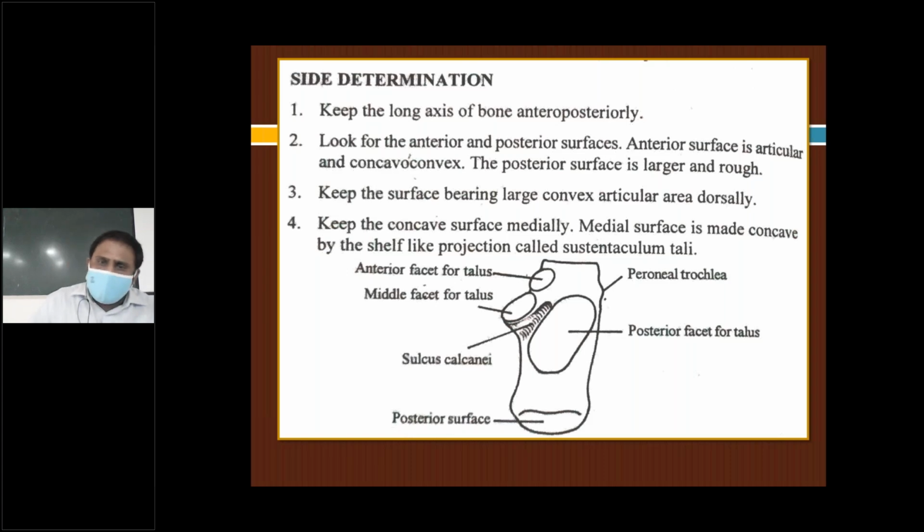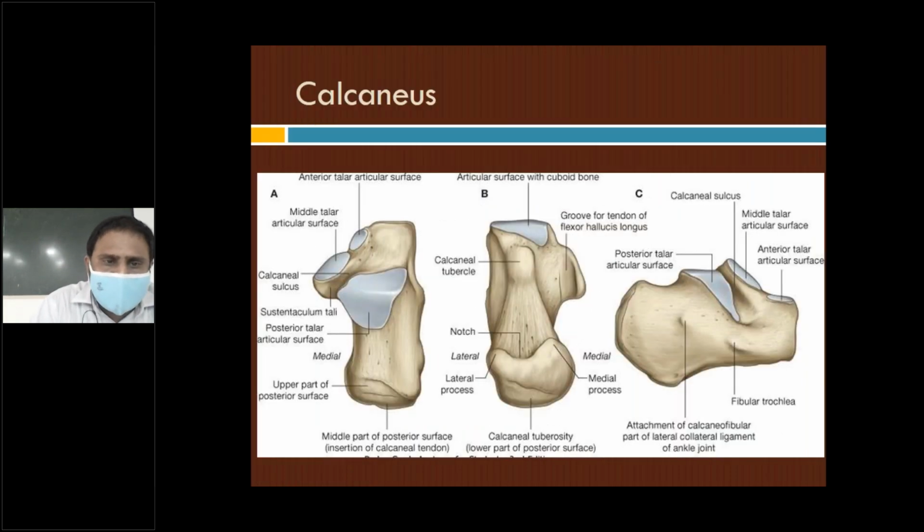Keep the large convex articular area dorsally and the concave surface medially. The medial surface is made concave by a shelf-like projection called the sustentaculum tali. Anterior facet, middle facet, and posterior facet are on the superior portion of the calcaneus. Okay, next.